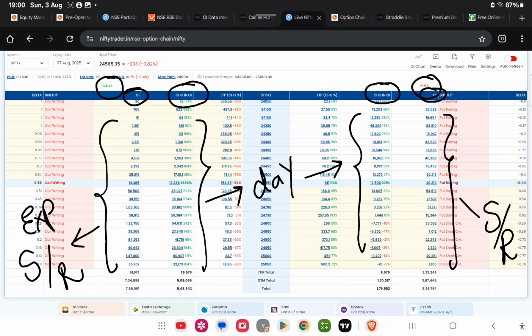For example, we are checking the Friday's data, so this is Friday's data, but the overall OI shows this week's expiry data. Okay, so the expiry is on 7th August. So 7th August data is this pattern.